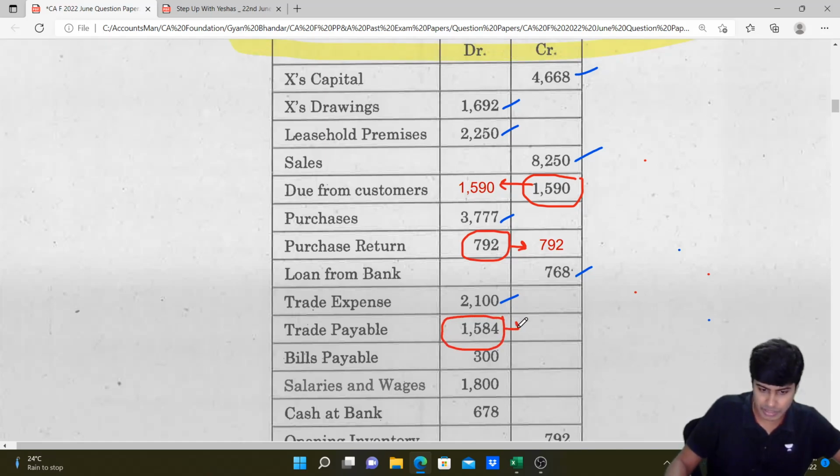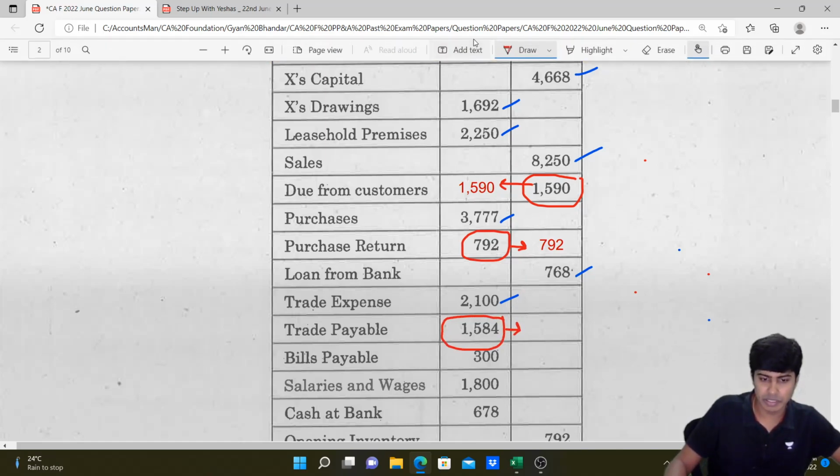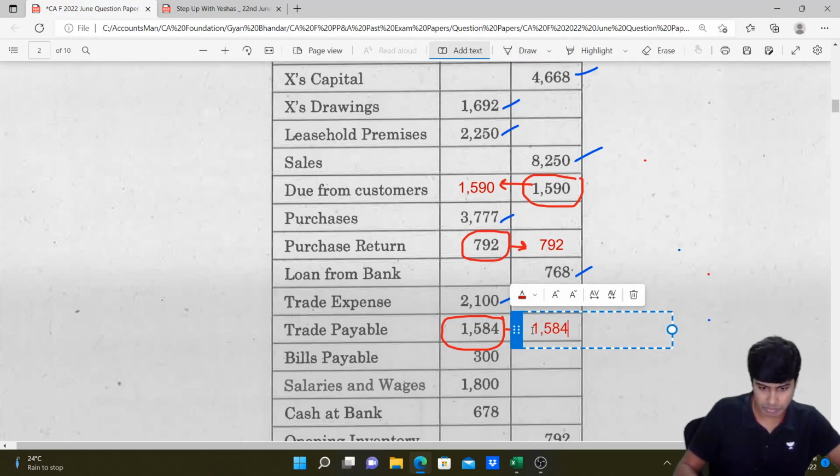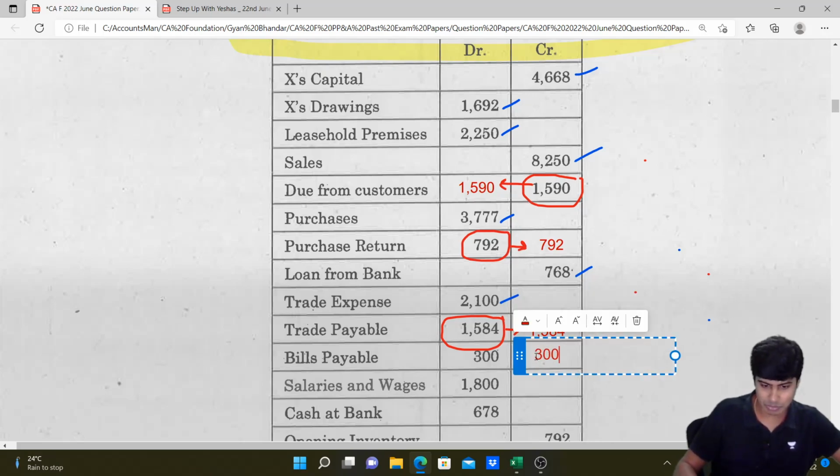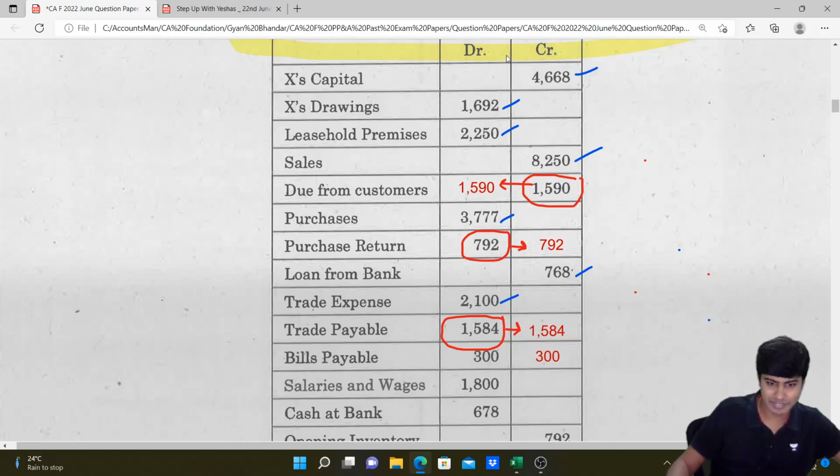To appear on the credit side. By mistake they've given it on the debit. Let's move it. So 1584 should appear on the credit. Bills payable is again a liability, my friend. It should also move to the credit side.